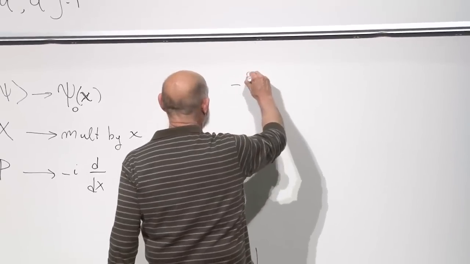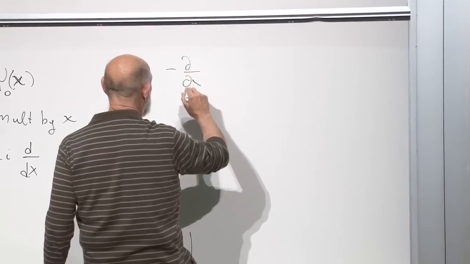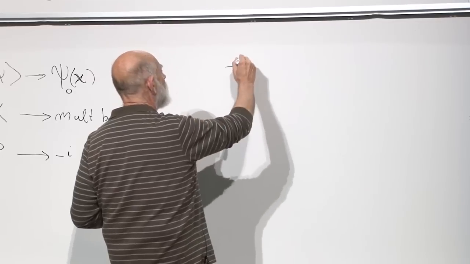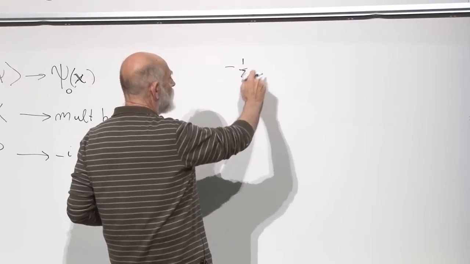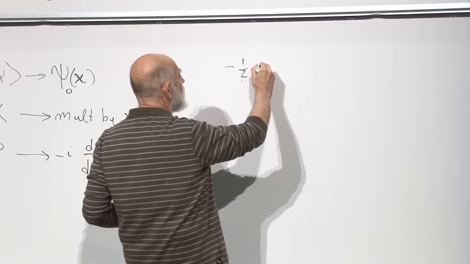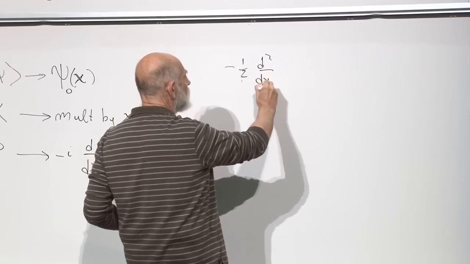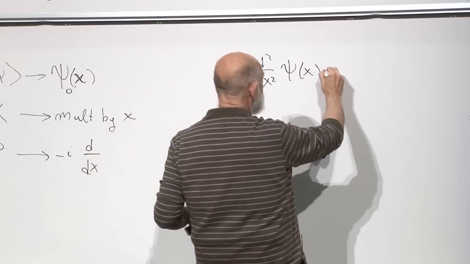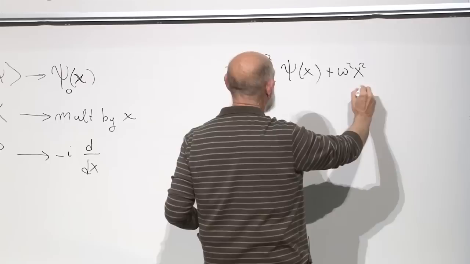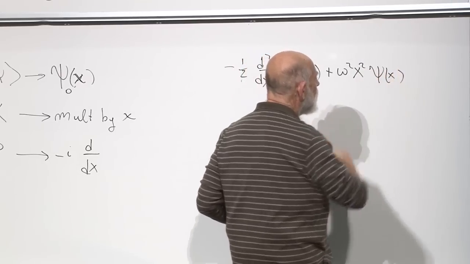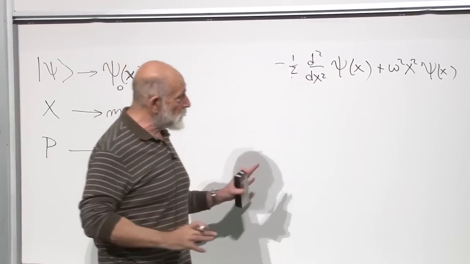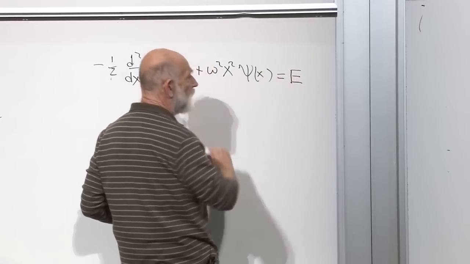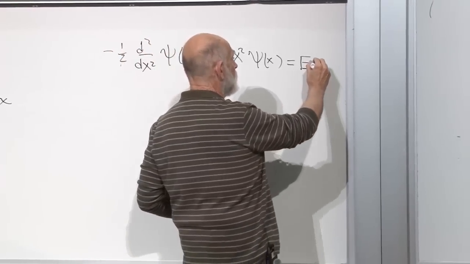It's minus 1/2 d second by dx squared, psi of x, where the 1/2 is the half in front of the Hamiltonian and p squared is d second by dx squared, plus the potential energy, omega squared x squared times psi of x. And what I want to do is solve the equation that this is equal to E, the eigenvalue for energy, times psi of x.